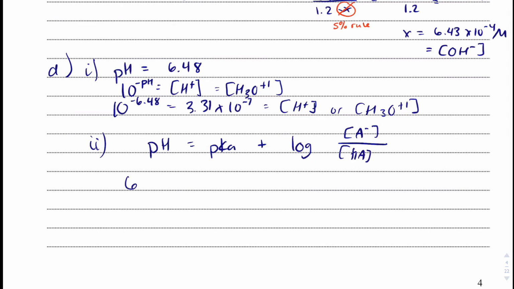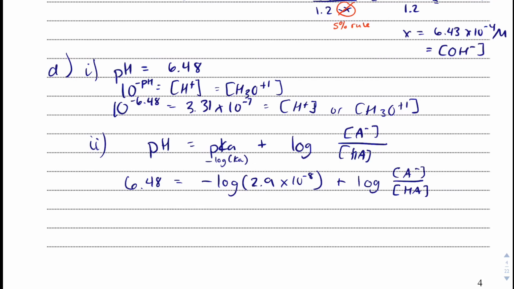I know that the pH is 6.48. I know that pKa is minus log of Ka, and that the Ka we had already been given, 2.9 times 10 to the minus 8. So what I'm going to try to do is solve for this fraction. And what I know is that if this fraction is greater than 1, then OCl minus will be present at higher concentration.